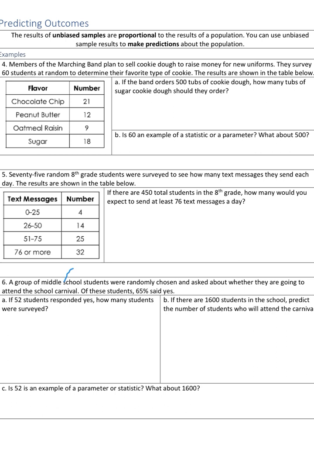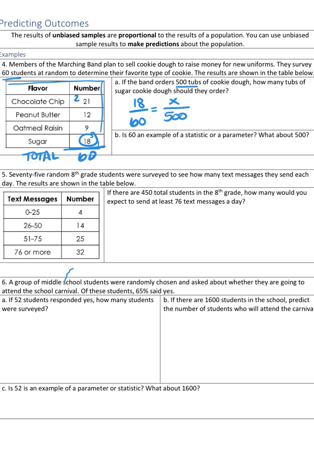So what you're going to want to do here is get a total for the sample. Okay, so this is your sample that they have right here. And so you're going to want to add these numbers up. So you have 17, 18, 19, 20. So 2, 4, 5, 6. So you have 60 total, which is good because that's what they said was going to be your sample. So out of the 60, 18 of them are going to be sugar cookies. So you're going to do 18 out of 60 equals, and they're going to order 500 tubs total.